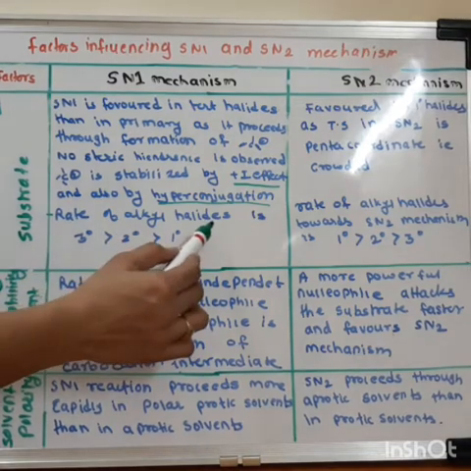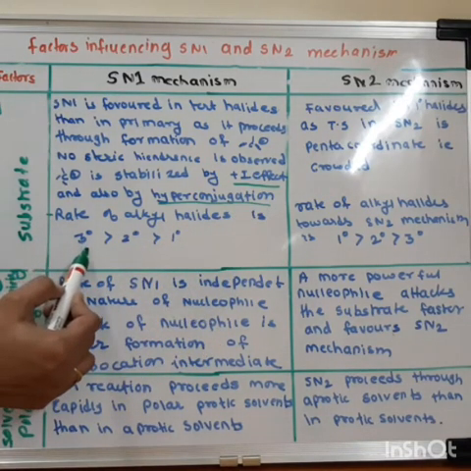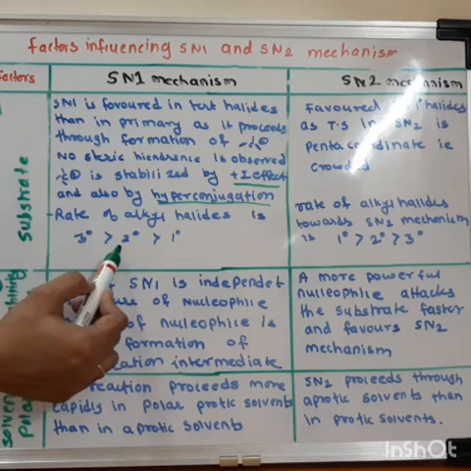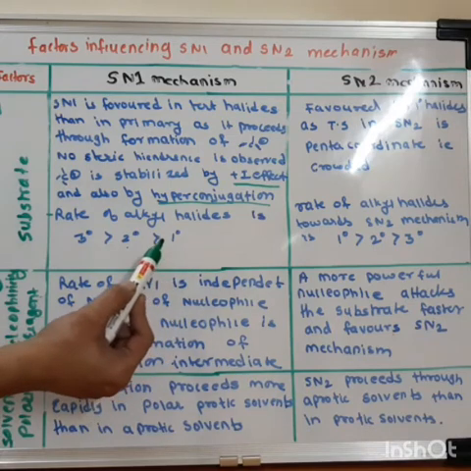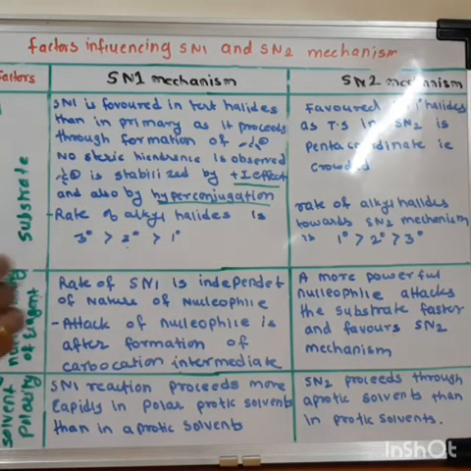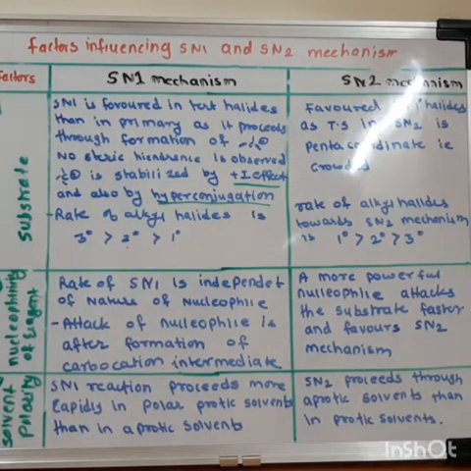The rate of alkyl halides towards the SN1 mechanism is: tertiary alkyl halide is more reactive than secondary, and secondary alkyl halide is more reactive than primary. So this is the rate of alkyl halides for the SN1 reaction mechanism.